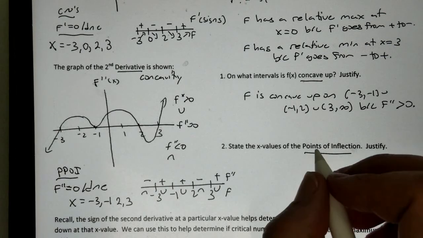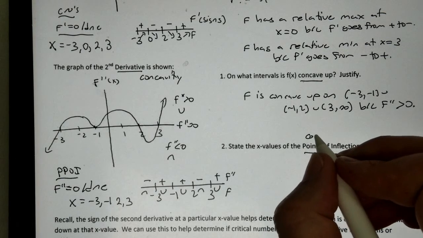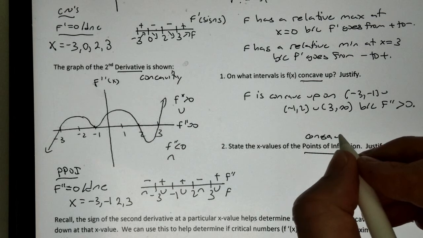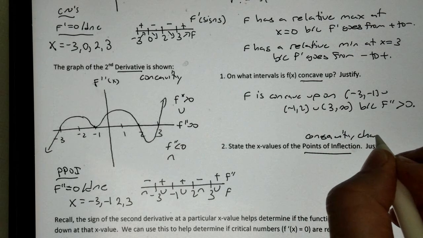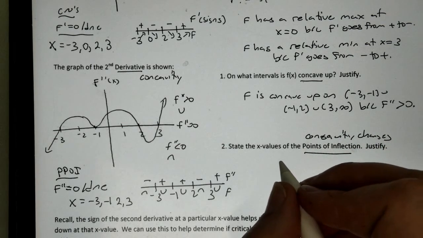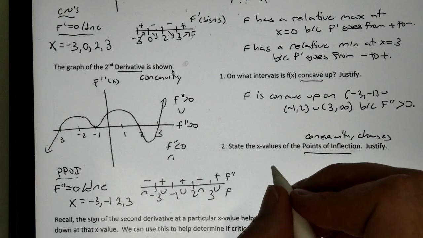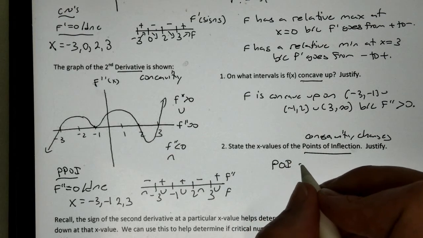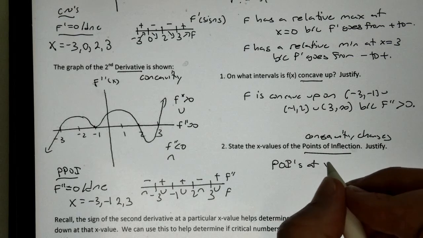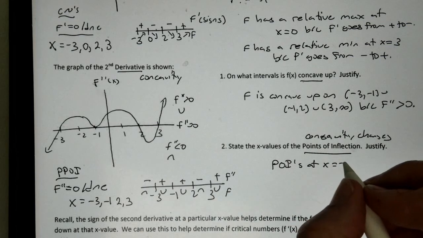Where are our points of inflection? Remember, this is where concavity changes, so I can get that pretty easily. Points of inflection are going to be at x equals -3, it changes.